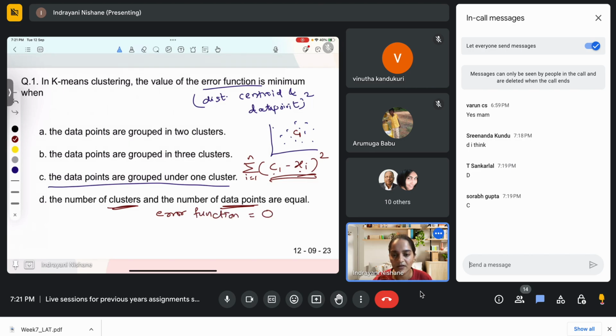But what if our entire data set is only one cluster? In one cluster, there will be some distance between all the data points and this one centroid. So this summation, the distance, will be maximum in that case.